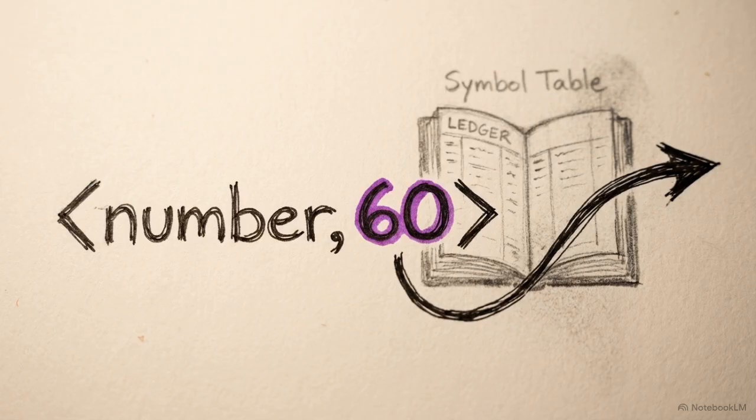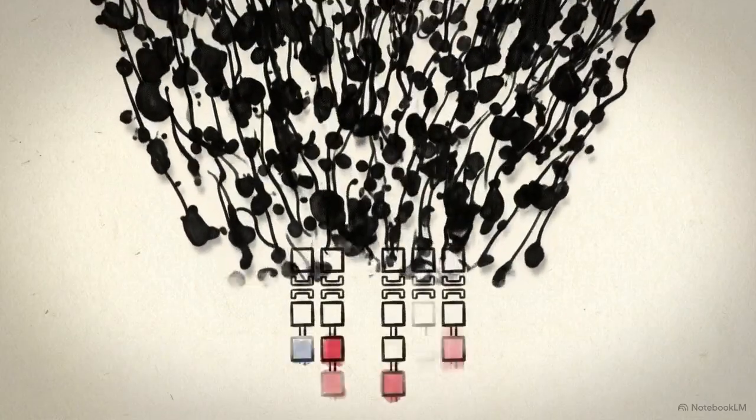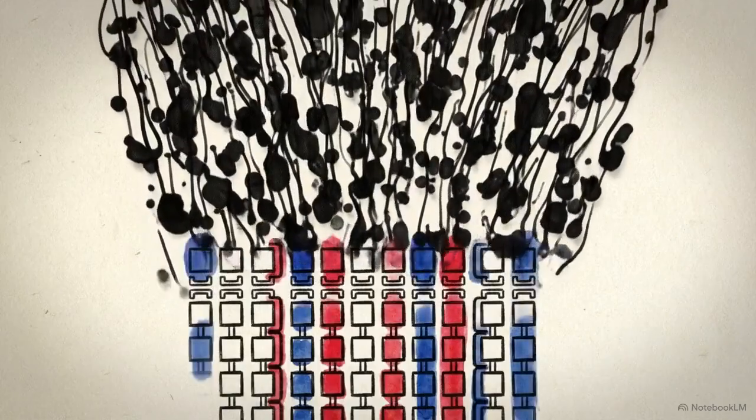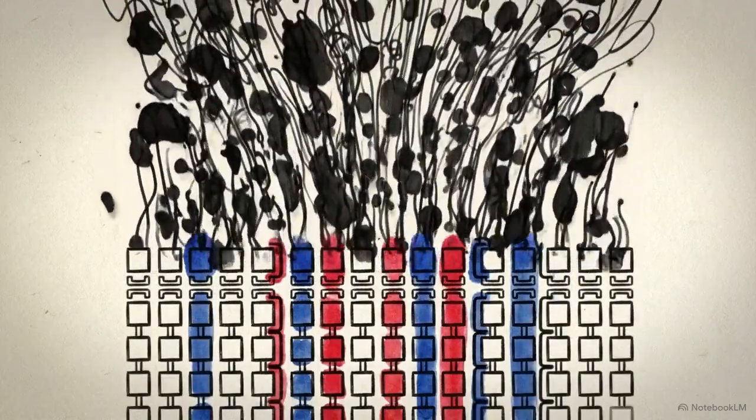For a constant, the token often skips the symbol table entirely, using the numerical value itself directly as the attribute, formatted as number, 60. By standardizing infinite variations of variables, operators, and constants into uniform tuples, the lexer flattens human text into a tightly controlled vocabulary.